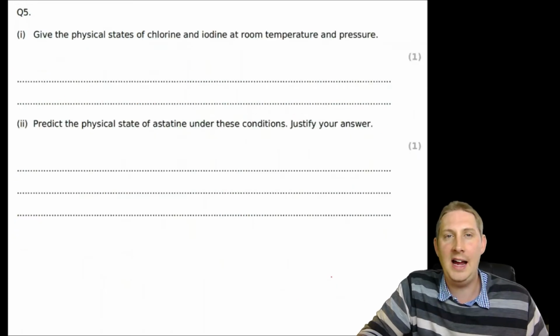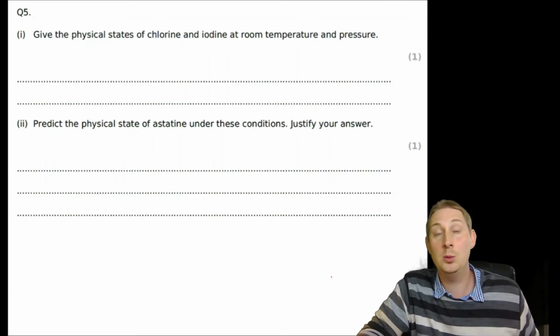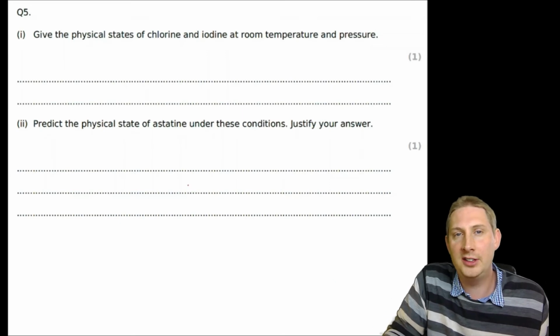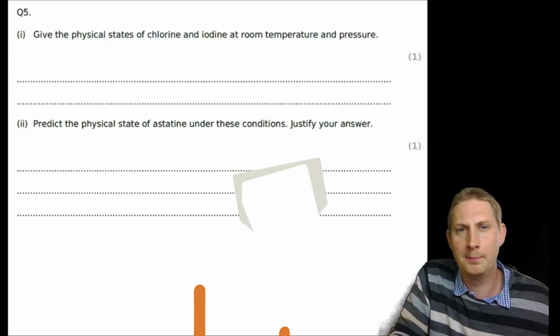As well as the facts from C8, it is presumed that you remember many of the facts that were presented to you at other points in the course, and this comes from C1. So in C1 you had to learn the properties and the trends in the halogens. So give the physical states of chlorine and iodine at room temperature and pressure.